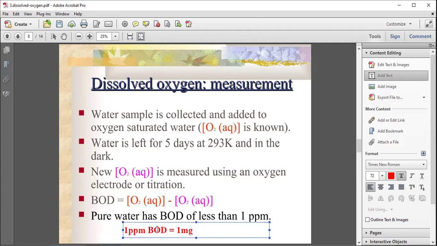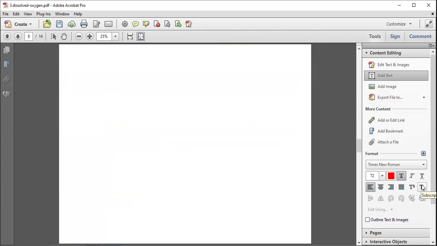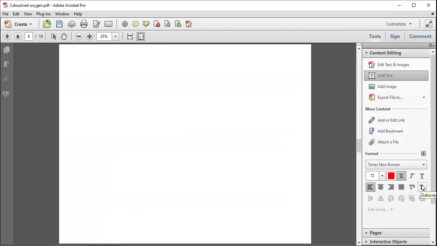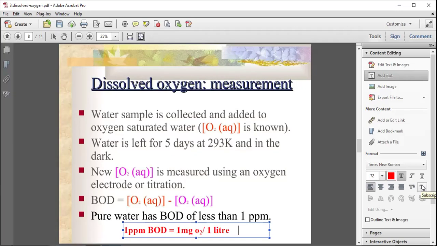Okay, 1 milligram oxygen, O2, per 1 liter water. Okay, this is the meaning.